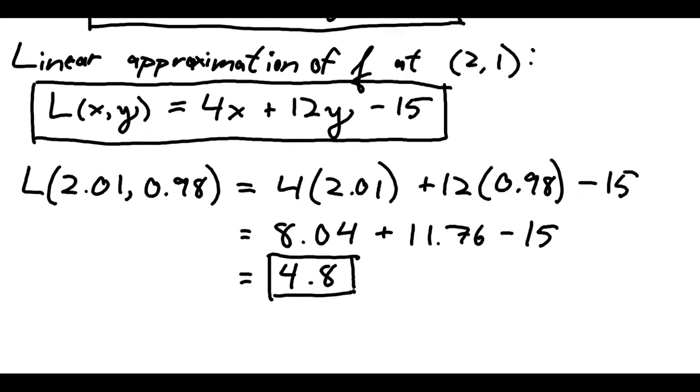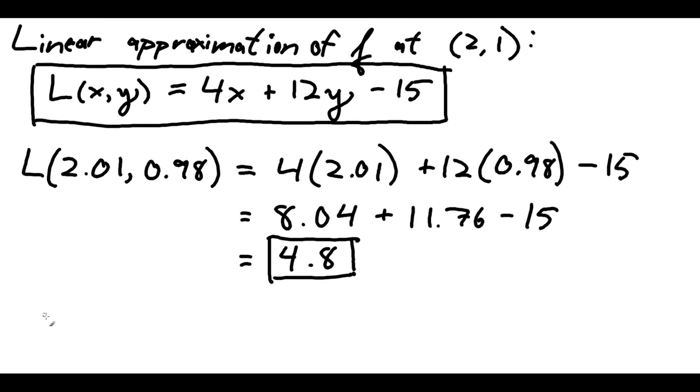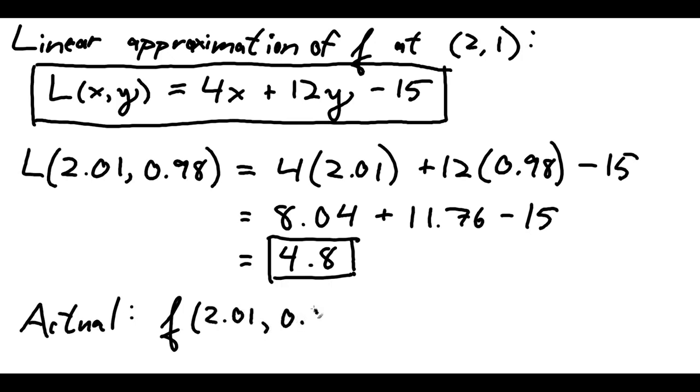Now, is that any good? Let's find out. This function actually is not hard to evaluate if you use a calculator or computer. And if we evaluate our function at that point, so we'll take 2.01, 0.98, plugging that into the original function, x squared y cubed plus 1, with a computational device of choice, we find that that is approximately equal to 4.8025, which is fairly good.